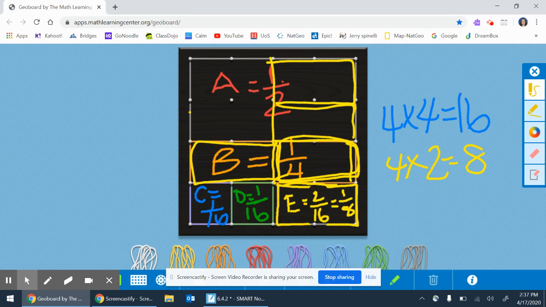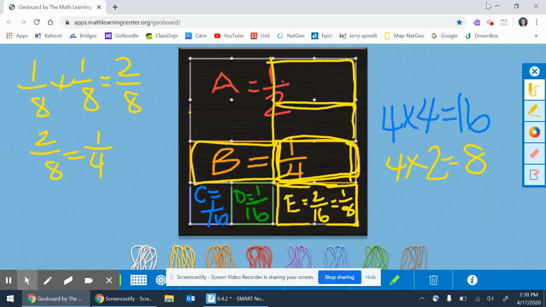So now we're starting to see that if it's 2 of our 8ths, now we're starting to add fractions. That is the same as saying 1/4. So we're working on a little bit of some equivalent fractions as well.